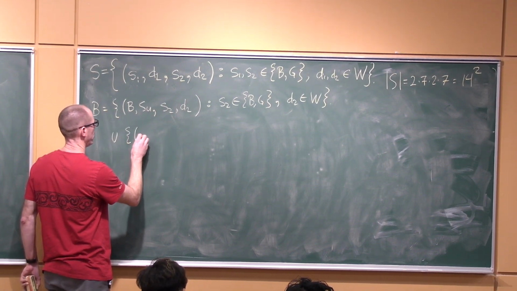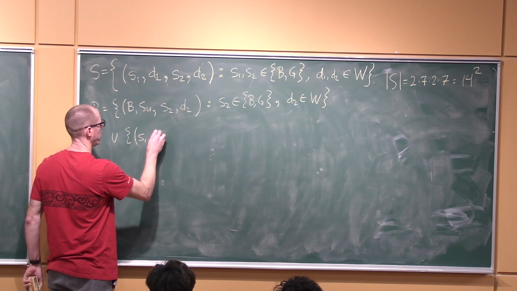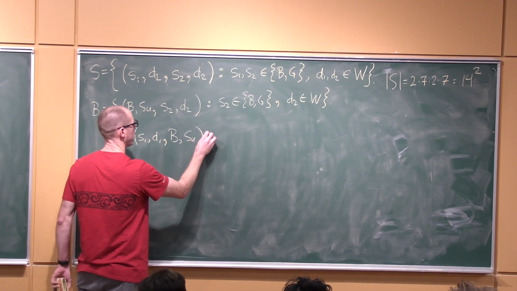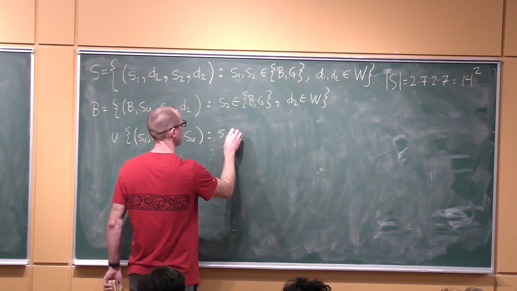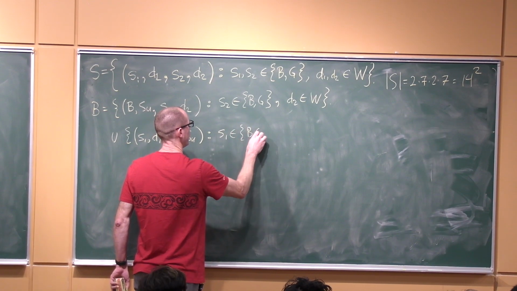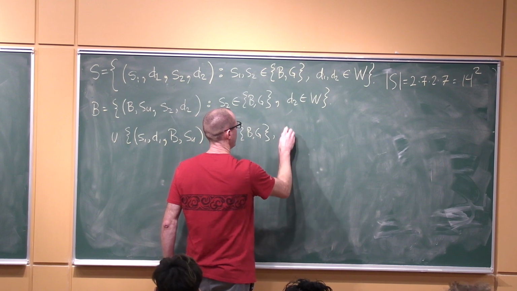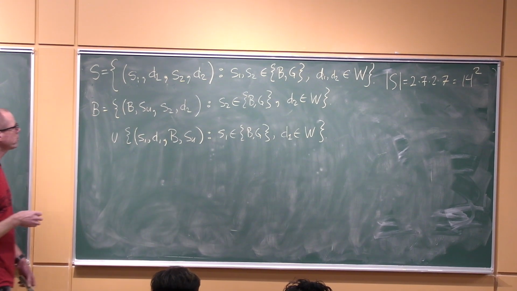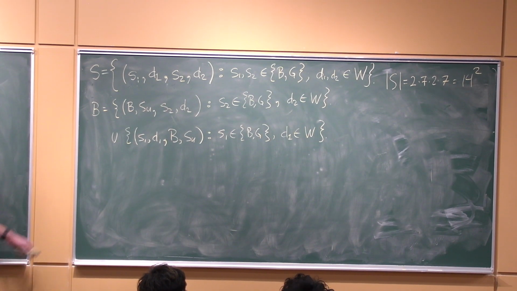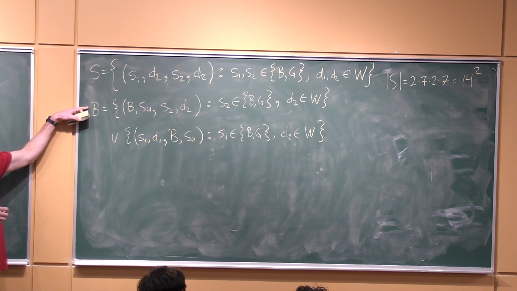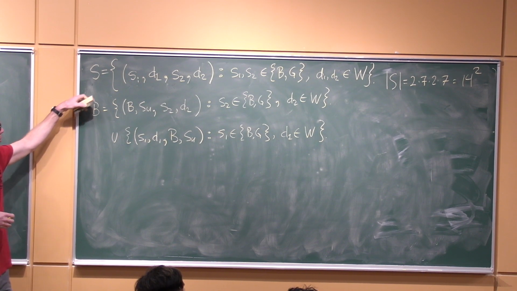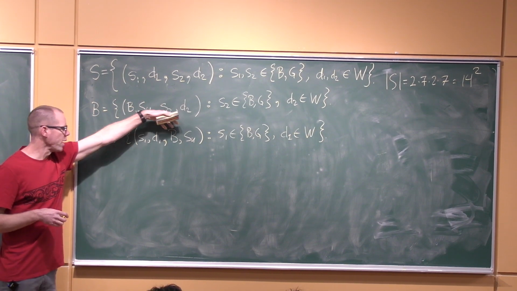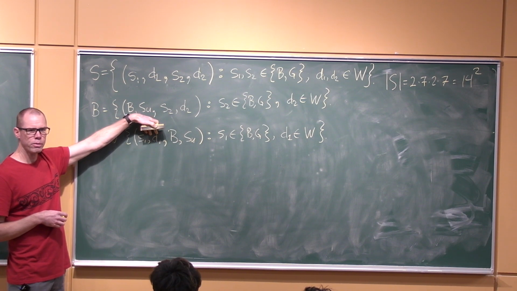Or there was a first child born, and then the second child was a boy born on Sunday. And that's for S1 being boy or girl, and D1 being a day of the week. So you agree that this is the set B we're interested in, right? First one was a boy born on Sunday, and then I don't know about the second one. Or second one was a boy born on Sunday, and I don't know anything about the first one.